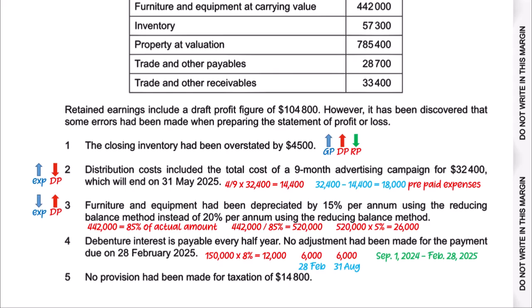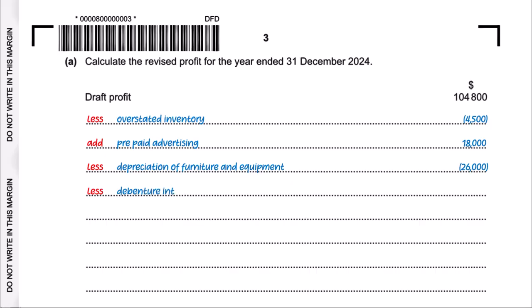It is very important to note that from 1 September 2024 to 31 December 2024, there are only 4 months whose interest expense has not been shown. Following the accrual concept, the amount of this accrued expense is actually 4,000. Because this expense of 4,000 was not shown, the draft profit became overstated. Therefore, to find the correct revised profit, we will subtract this amount. So let's write here less debenture interest 4,000.